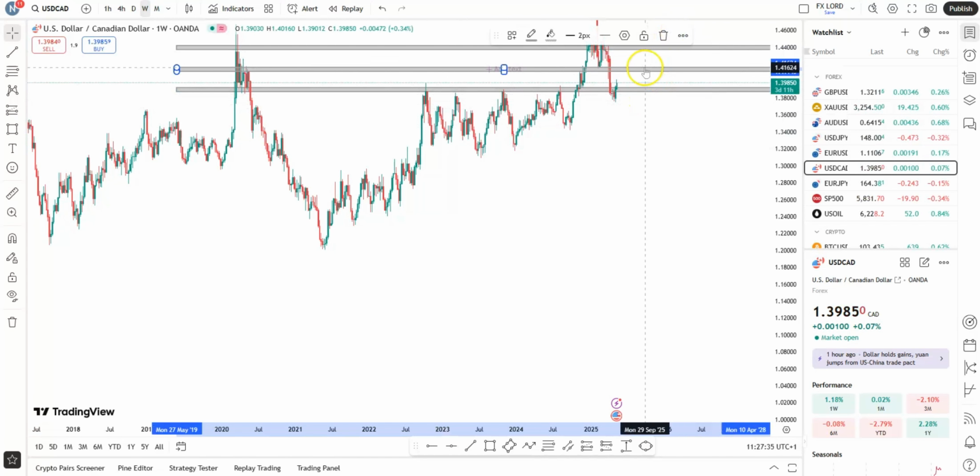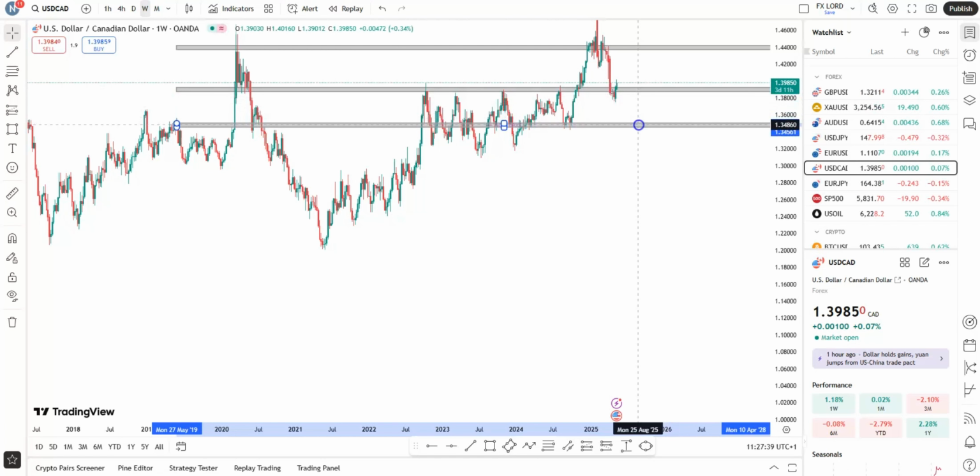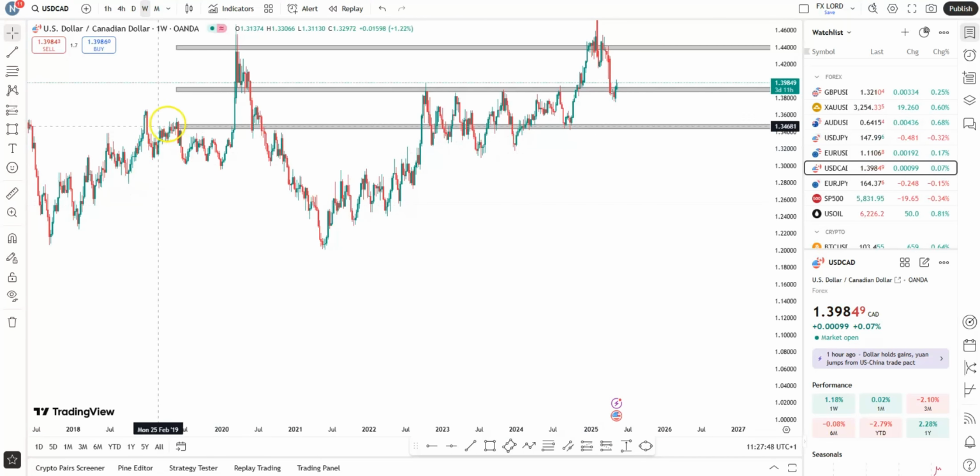I spot another area. Something is happening in this area. You can see that something is happening from the past. We have some of these touches around this area, we have price at this level.